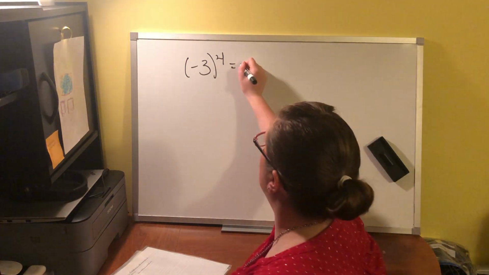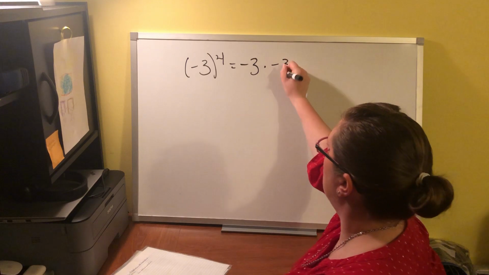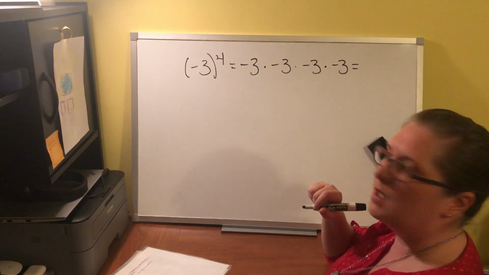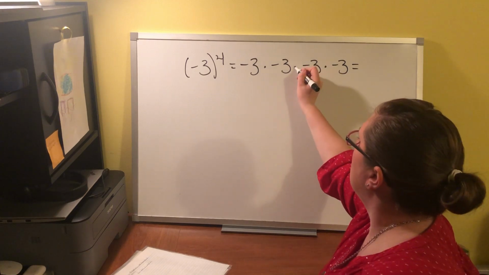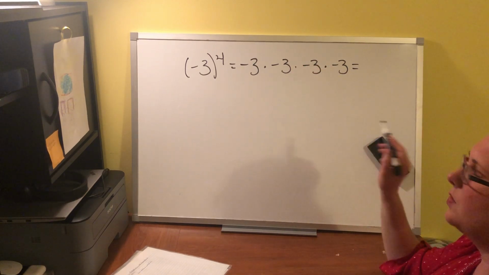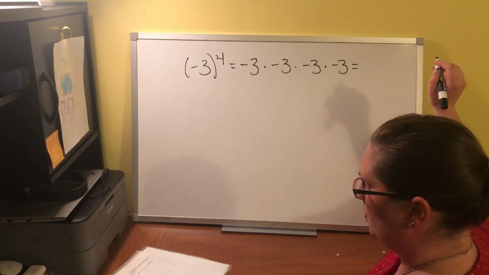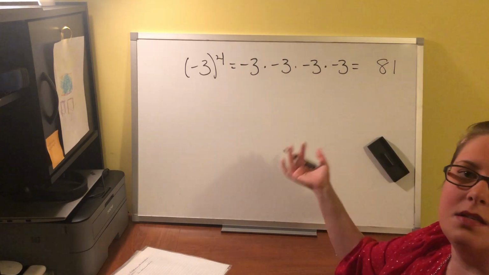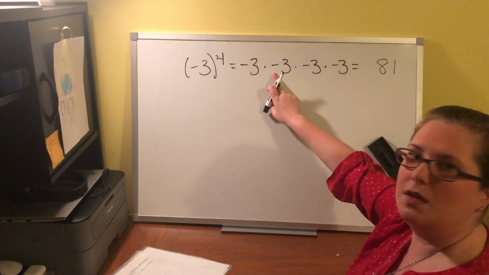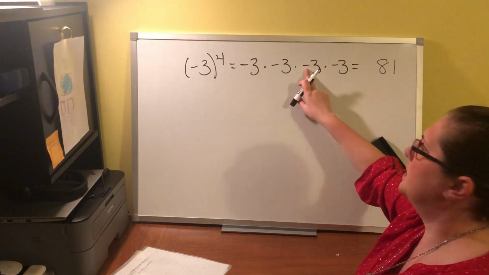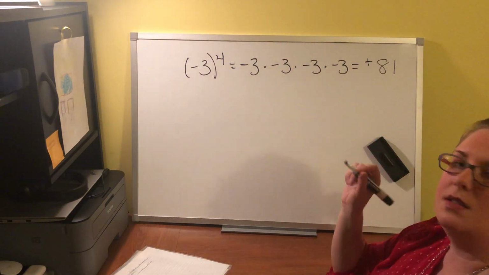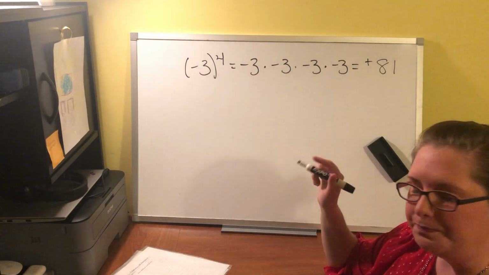Okay, so you are going to do negative 3 times negative 3 times negative 3 times negative 3. So you could go ahead and punch in your calculator 3 times 3 times 3 times 3 to go ahead and get 81. And then go back and deal with the negatives. Well, negative times a negative is positive. Positive times a negative is negative. Negative times a negative is positive. So this is going to be a positive 81.